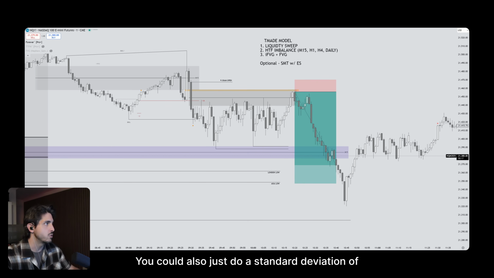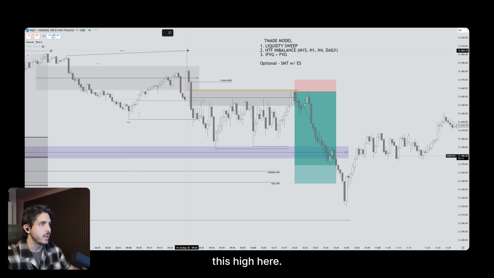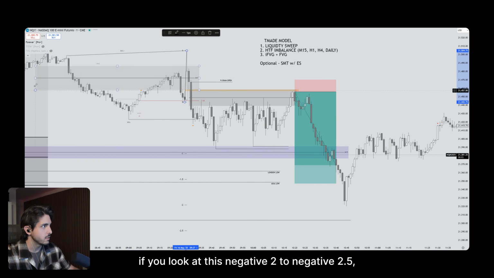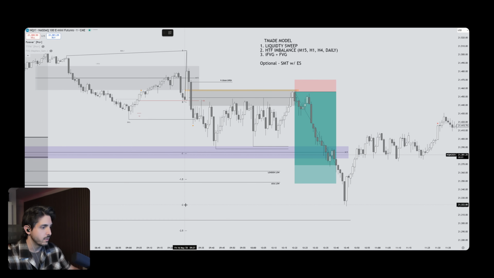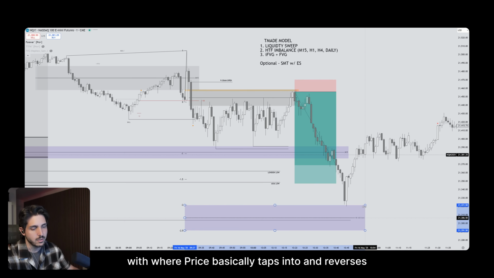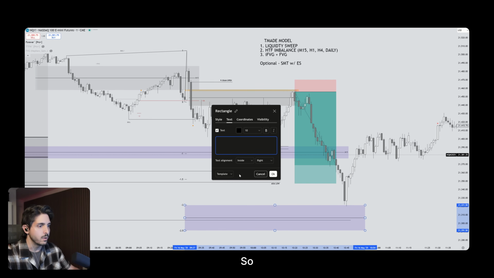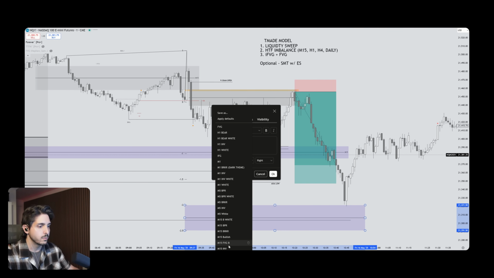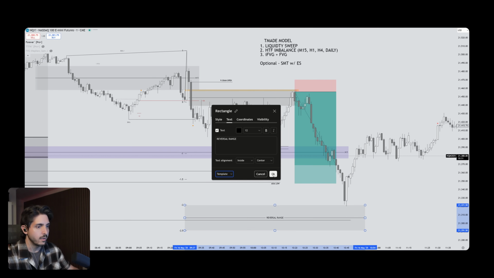You could also just do a standard deviation of this high here, okay? Because this is the high that took the previous high, and you could mark that low there. So, if you look at this, -2 to -2.5, it lines up perfectly with where price basically taps into and reverses from. So that's how I find my targets, right?